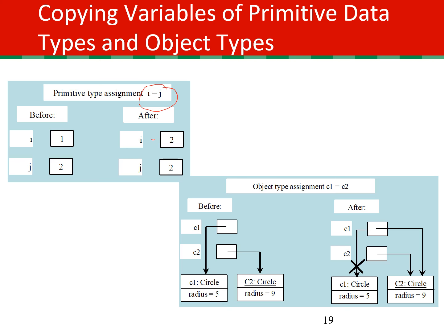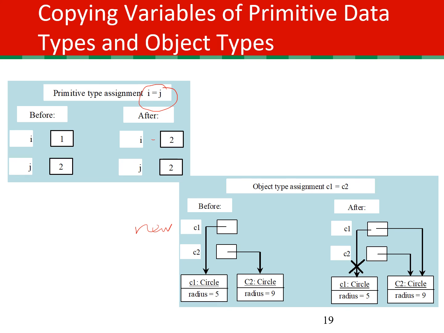A primitive value differs from an object type in that the memory space holds the value of the variable straight away. Compared to this, an object type is slightly different. If you create an object type variable, let's say c1, circle 1 for example, c1 equals new Circle, it will create an object here.